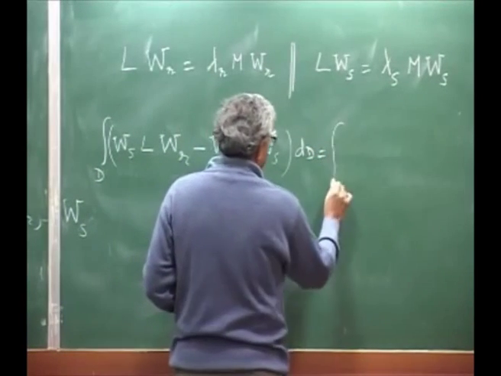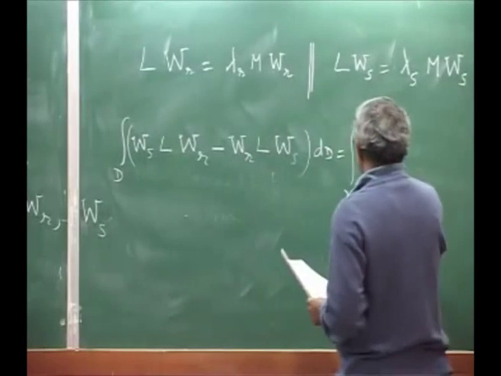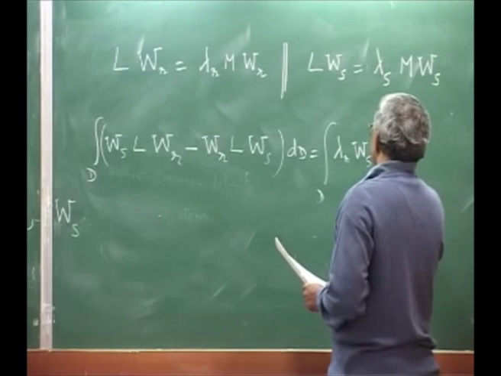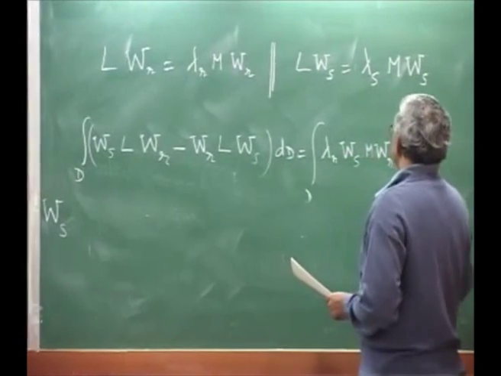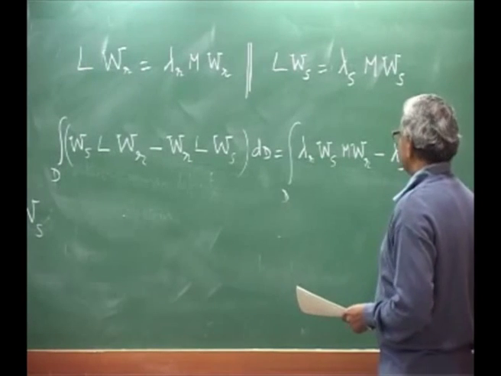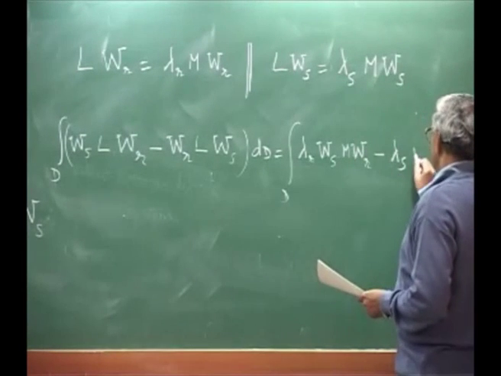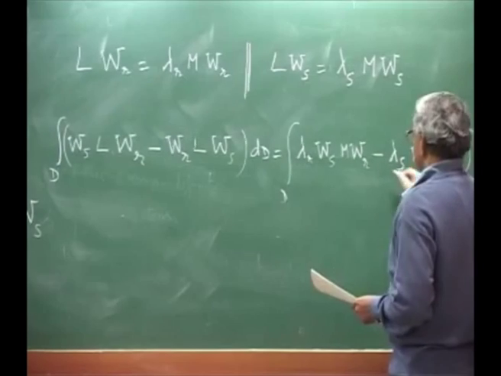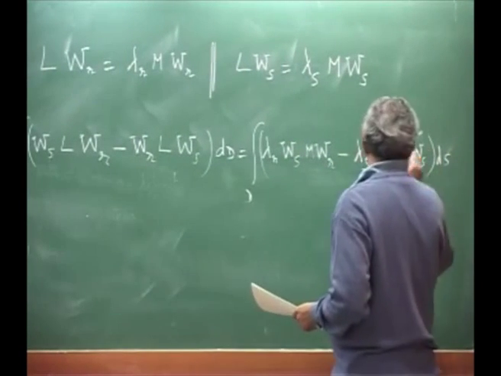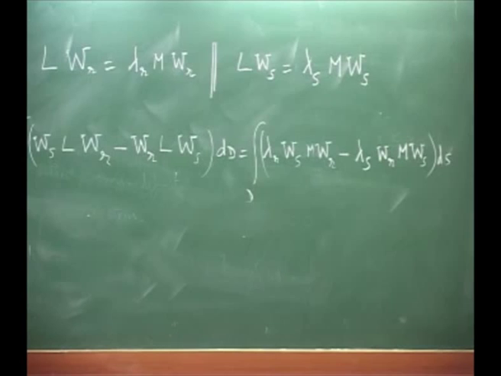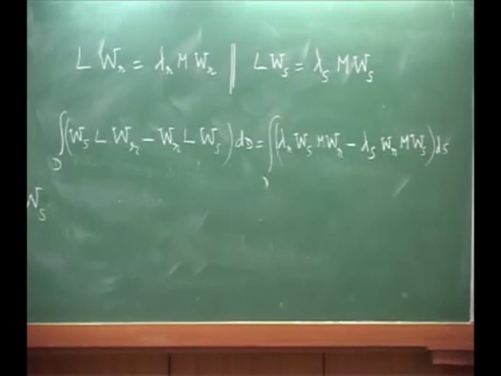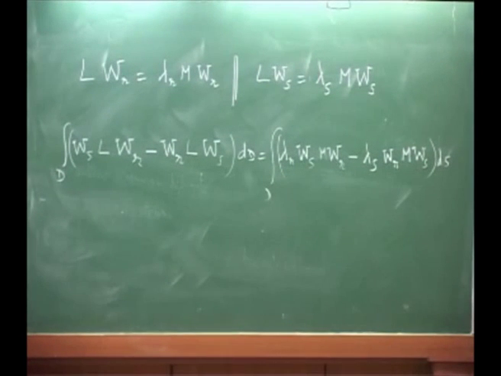This is equal to, again you have to do the same thing here, lambda R WS M WR minus lambda S WR M WS d domain. Okay. This is the condition.